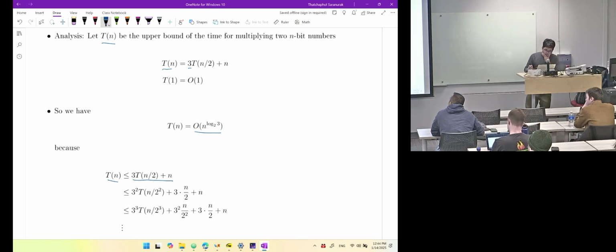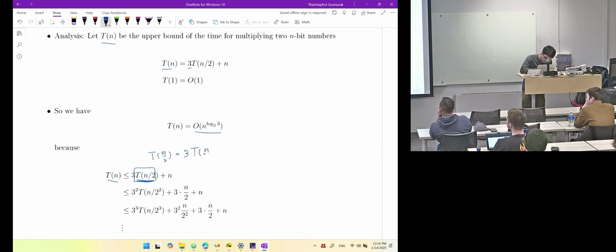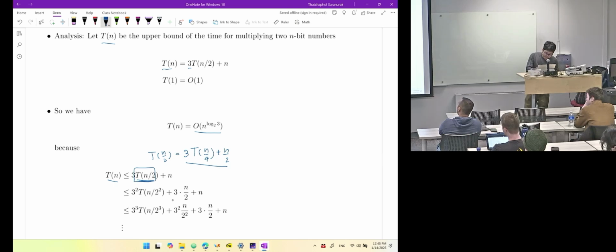So what you can do is expand this thing out by one step. What is this thing? T of n over 2 is 3 times T of n over 4 plus n over 2. Okay. So I just expand this thing and I get this line.